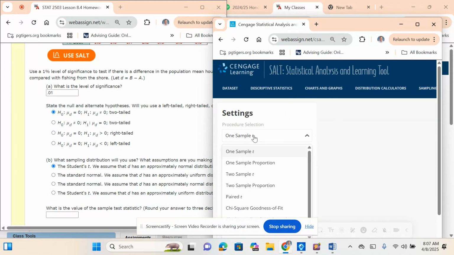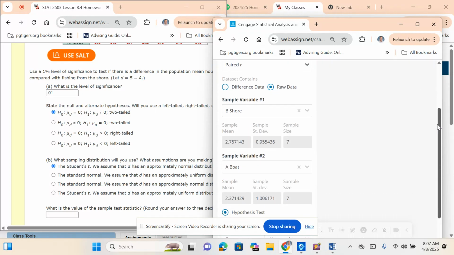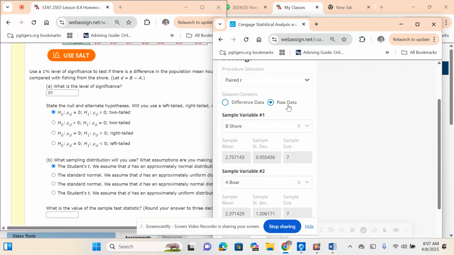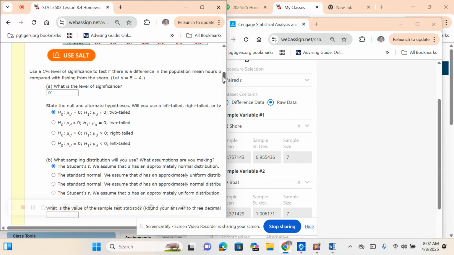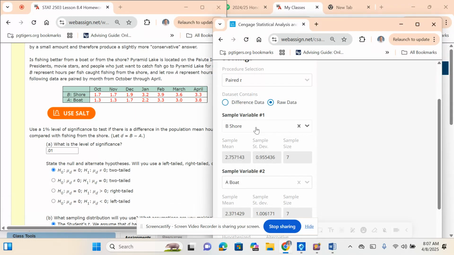And after that, you're going to use paired t. The difference contains the raw data. So these values right here contain the raw data. And they're wanting to do B minus A, so I need to put B first and then A second. They already default to that.